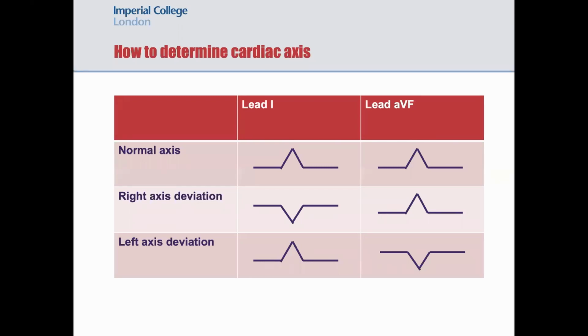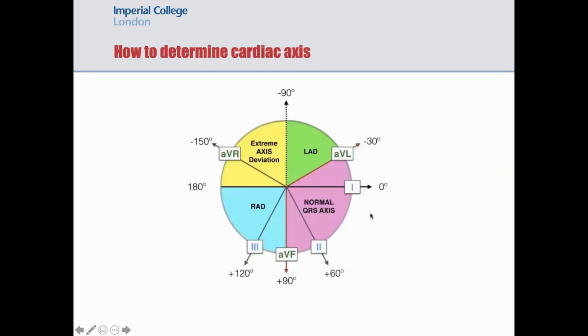Just to illustrate how this works, if we take normal axis as an example and go back to this diagram, with lead 1, any direction from minus 90 degrees to plus 90 degrees will produce a positive deflection in the direction of lead 1.